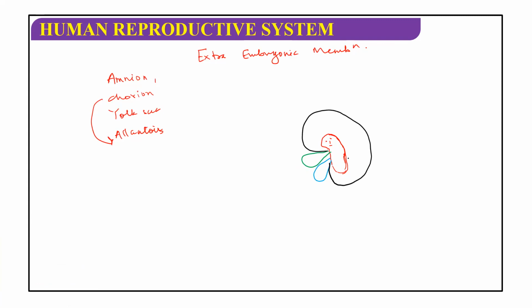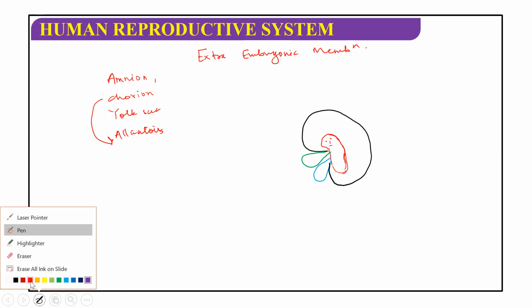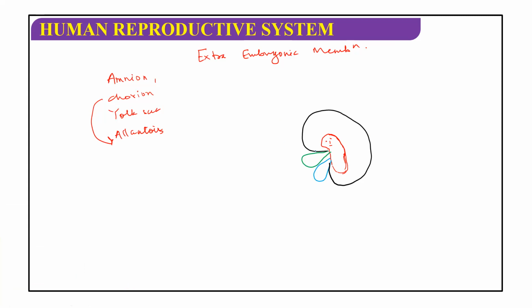Yes, you have to draw this. है ना? And surrounding to this there is a chorionic. Which color I will use? Yes, this color. Okay.